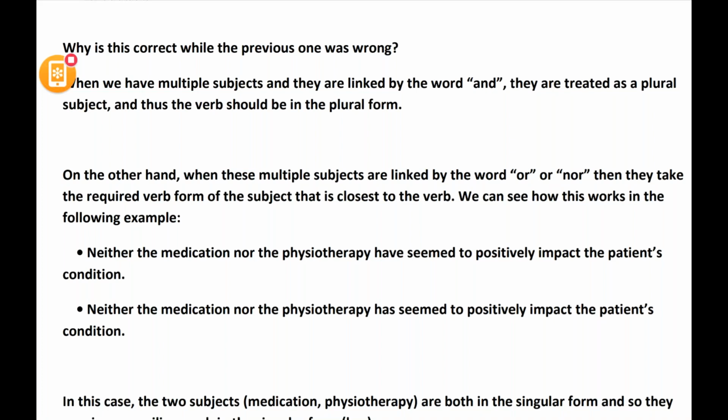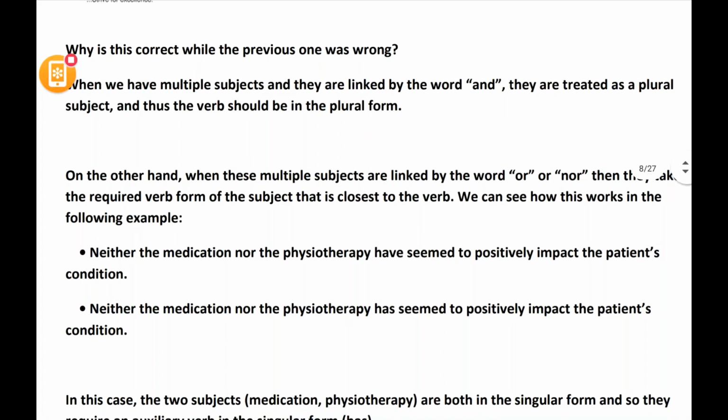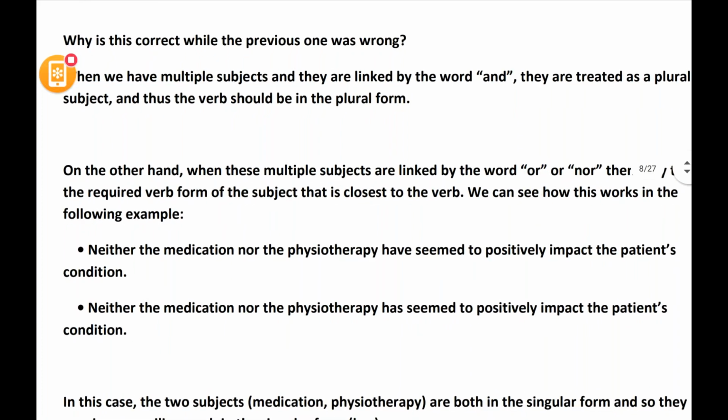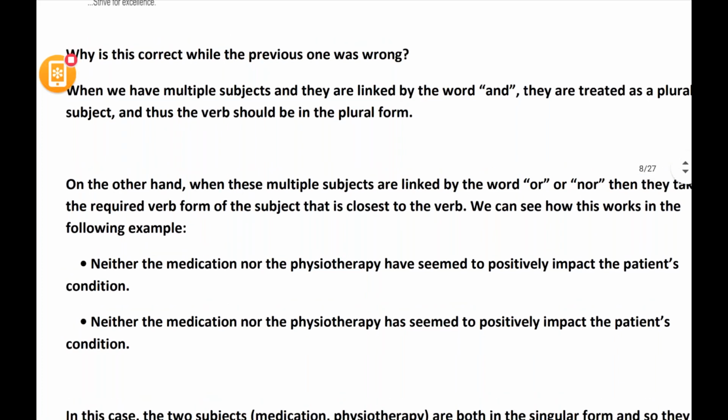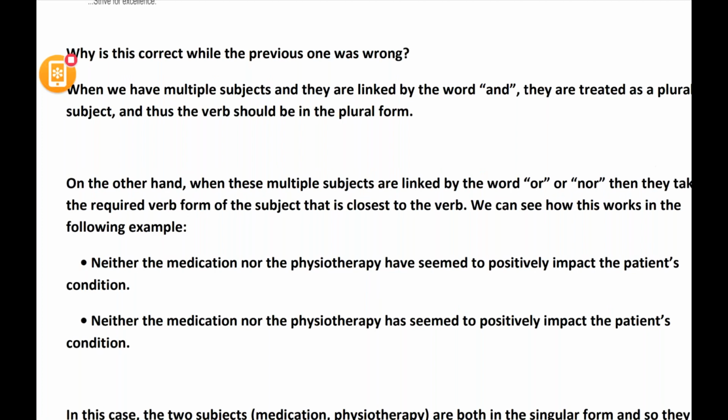Why? Now tell me. What you said is correct, but why? Patient, in the first sentence, the patient's condition means a singular noun. What is the subject, by the way? You said two subjects.